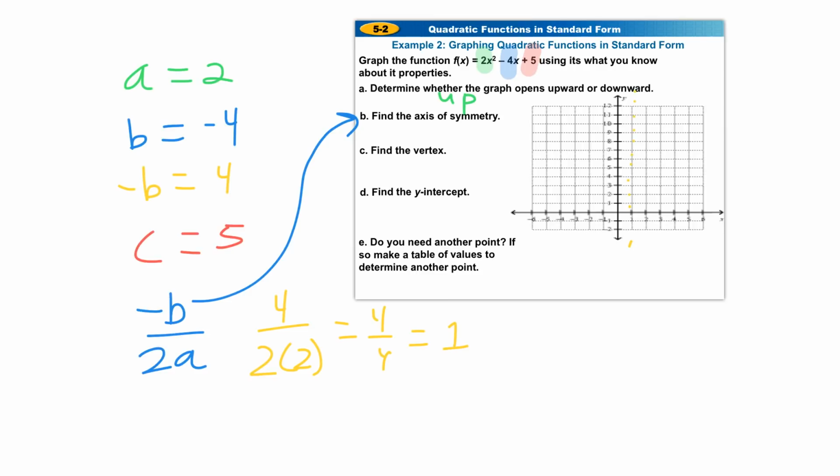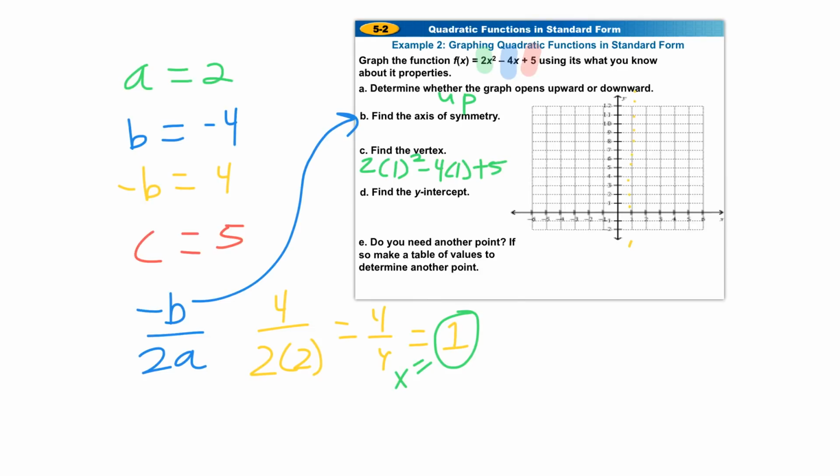Now that I know the axis of symmetry, I've got to find the vertex. To find the vertex, since that's an x equals, we're going to plug that into the original equation. So we will have 2 times 1 squared minus 4 times 1 plus 5.